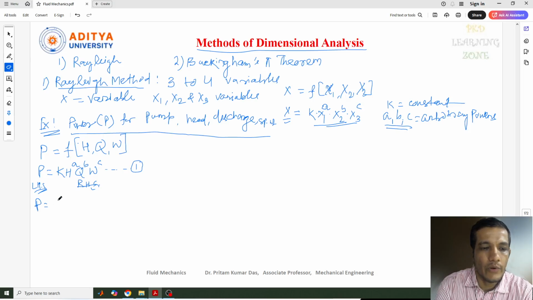Power equals work per time. The work unit is joule, and the time unit is second, and joule again is Newton into meter, divided by second.